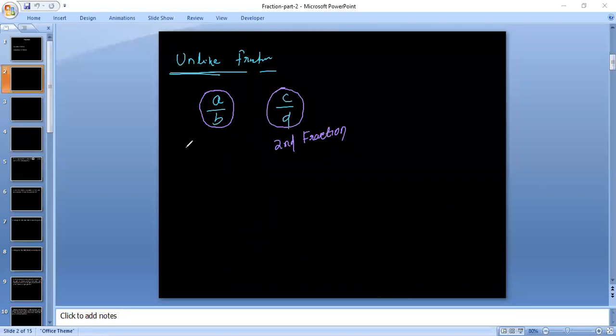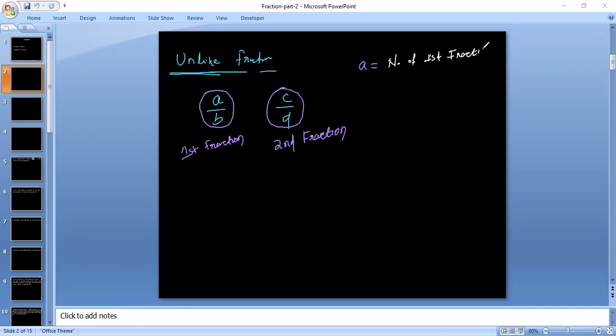Here, A is the numerator of the first fraction, and B is the denominator of the first fraction.